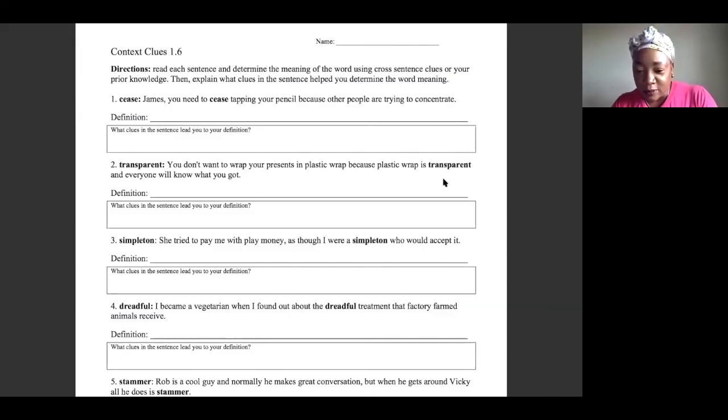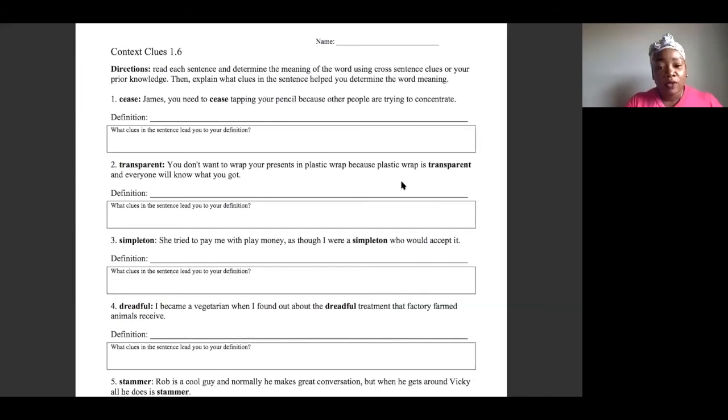All right, now, on this worksheet, like I said, the words are a little bit more difficult than the game that we played. So with this one, you're gonna have to look for the clues, which are the words around the difficult word.